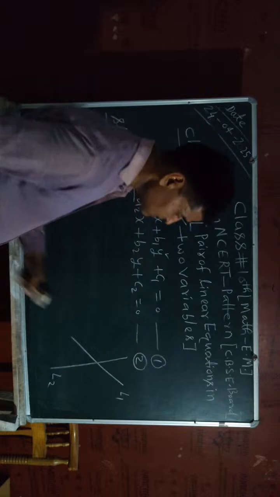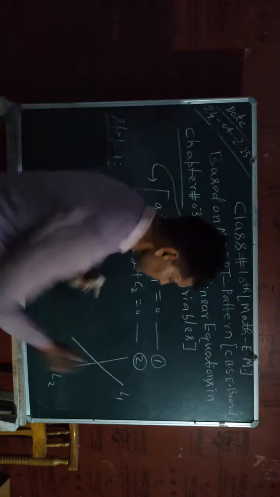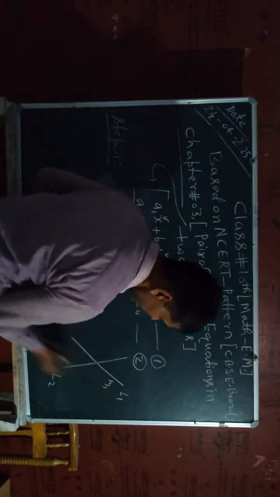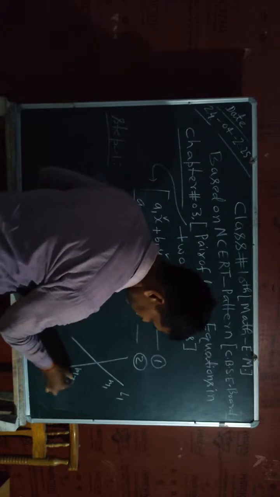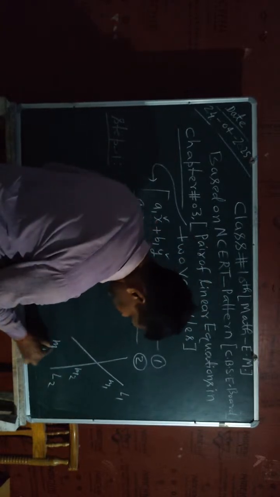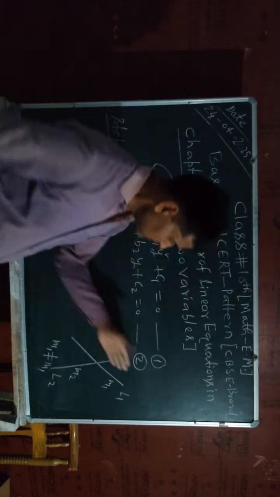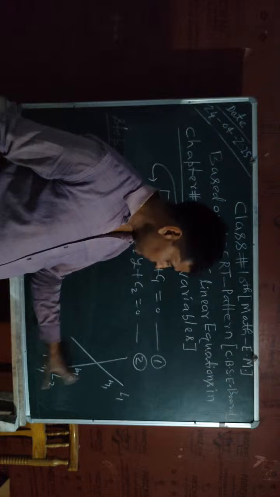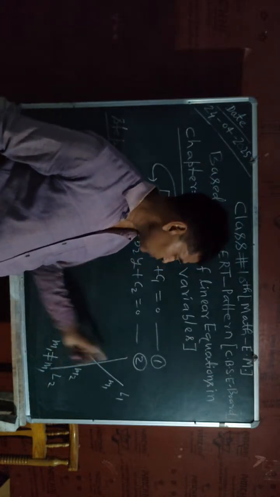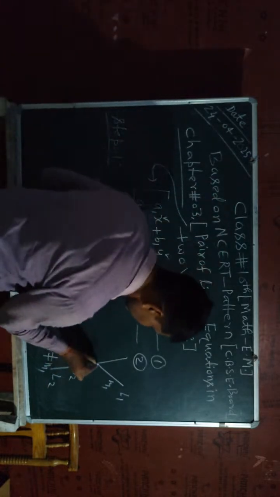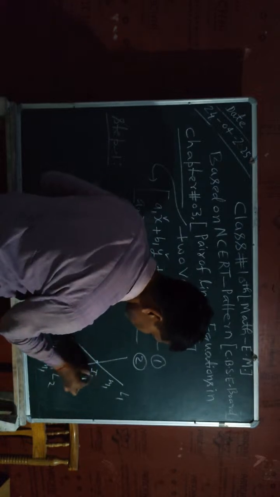This line has slope M1 and this line has slope M2. It means that M1 is not equal to M2. The slope of line L1 and the slope of line L2 are not equal. It means that both lines will intersect at a point, and that point I say is the point of intersection.